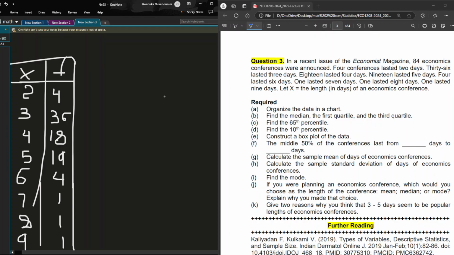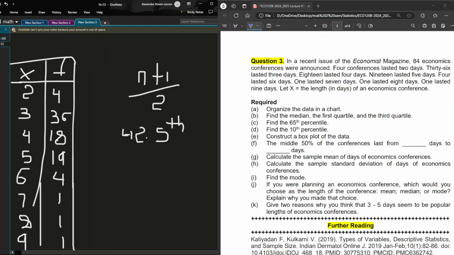For the median, our median position will be (n plus 1) over 2. We use n plus 1 to account for the 0 to 1 interval, which is not accounted for in ungrouped data. So our n is 84, plus 1 is 85, divided by 2, we get 42.5. This is the position.